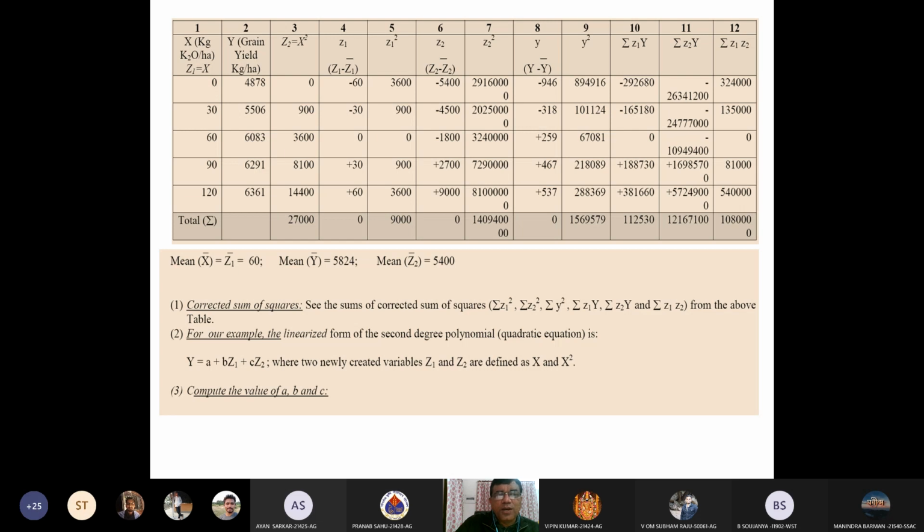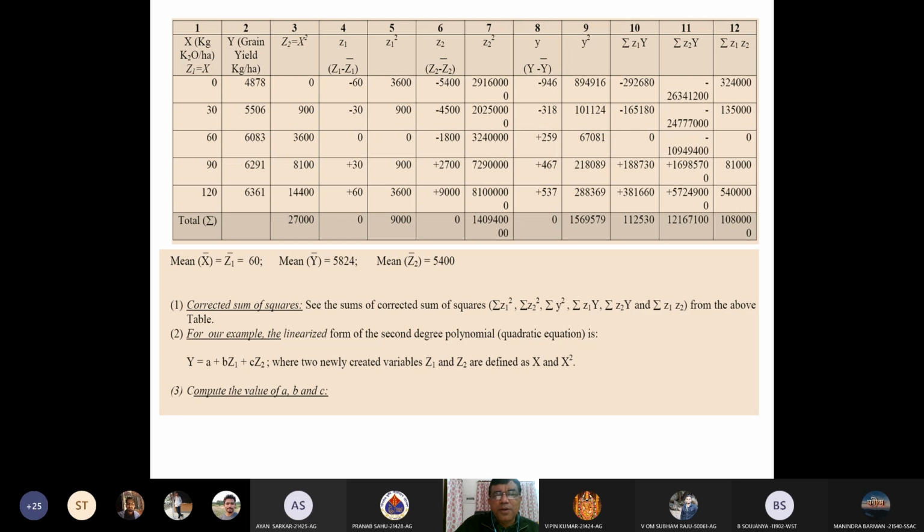So it is x square, the square of column 1. Now number 4. Number 4 is small z1. Small z1 is your Z1 minus Z1 bar. So your Z1 is column number 1. Take the mean, which is 60, and subtract from the values: 0 minus 60, 30 minus 60.